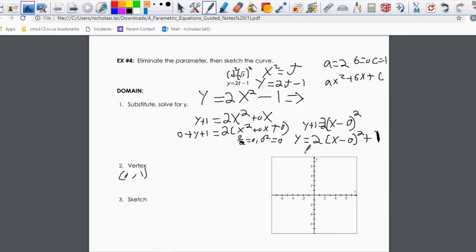So you could complete the square, or you can just rewrite this x squared as x minus 0 squared. This can be rewritten as 2 times x minus 0 squared minus 1. But anyway, this gives us a vertex at 0, negative 1. So this last part, you can skip over it. Our vertex is at 0, negative 1.